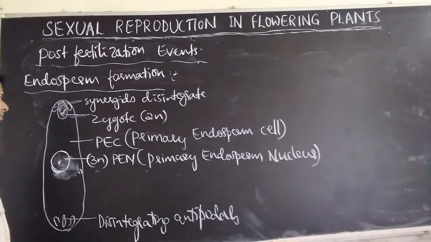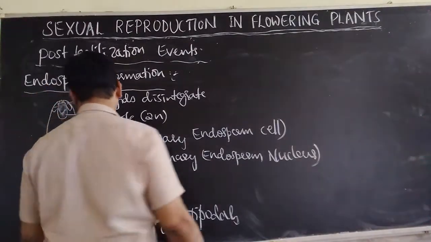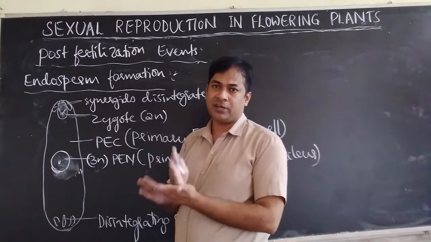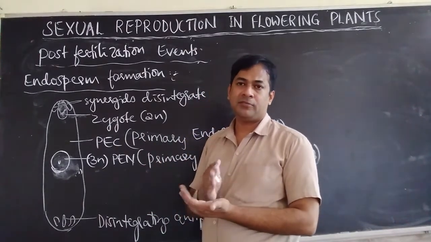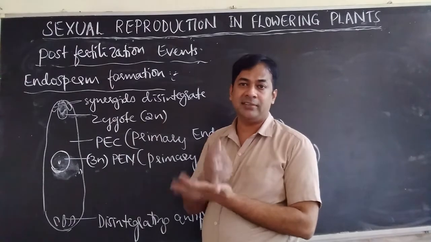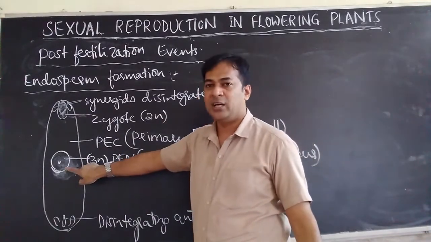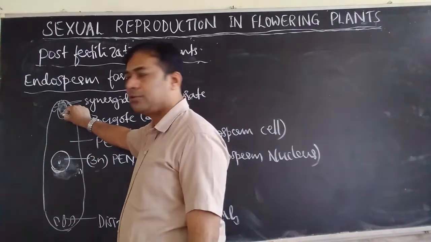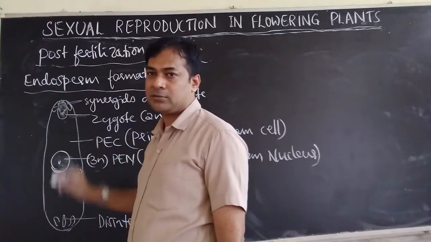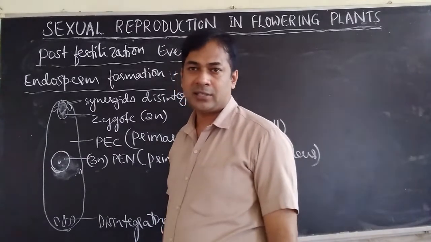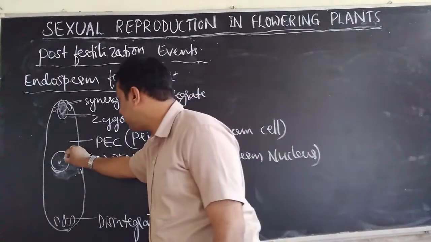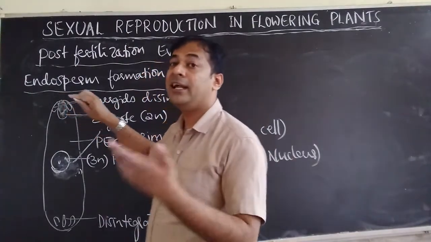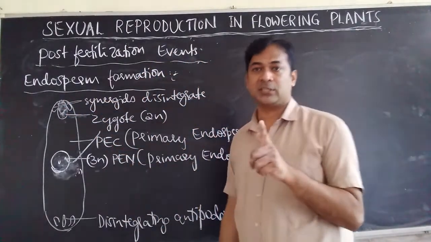Now my question is, why should the zygote divide? The zygote should divide by mitosis. But before the zygote divides by cell division, first the endosperm nucleus divides. Both should divide. The zygote also should divide, and the primary endosperm nucleus also should divide. But the interesting fact to note is this PEN, primary endosperm nucleus, will divide first, the zygote will divide later. Why? That is a question.